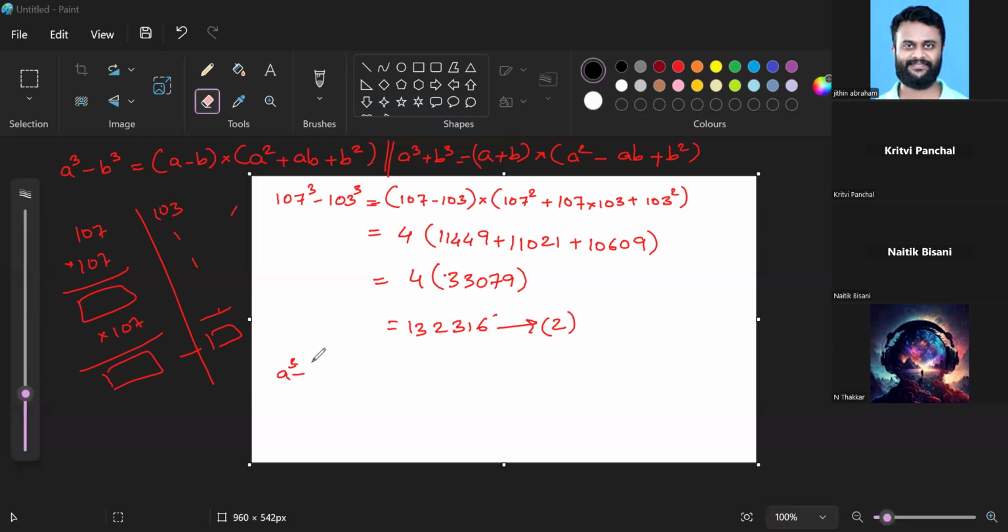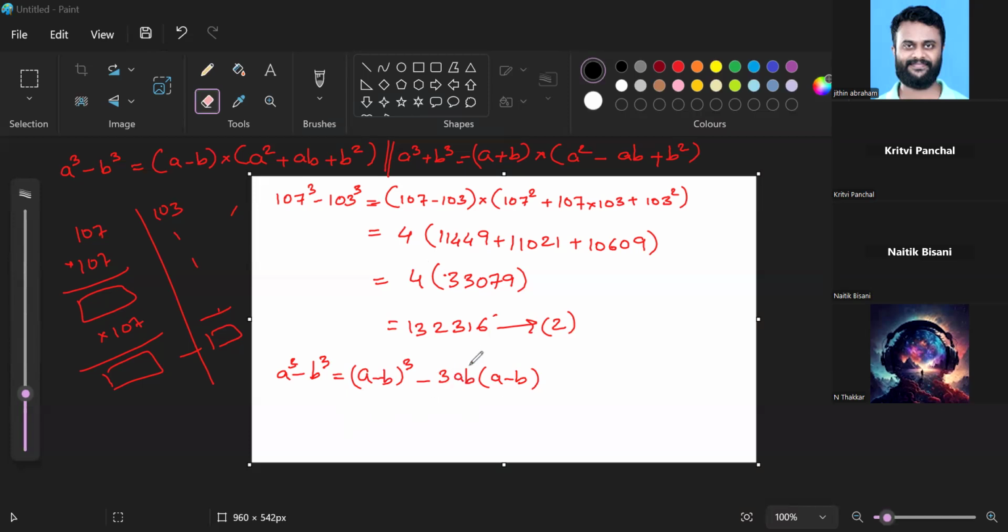A cube minus b cube is equal to a minus b the whole cube minus 3ab in the bracket a minus b. This is also a formula which you can use, and in this case probably this would have been a better solution, because a minus b is directly 4. Over here also a minus b becomes directly 4, so your calculation would have been simpler.